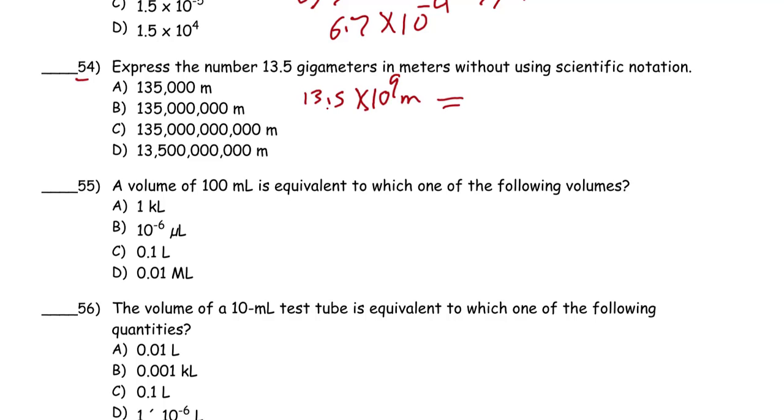So we will move this decimal point to the right, 135. So we used 1 zero, we still have 8 zeros, right? 1 2, 1 2 3, 1 2 3. So I have 8 zeros. What is the answer here? The answer is letter D, 8 zeros as you see. So the answer is letter D.